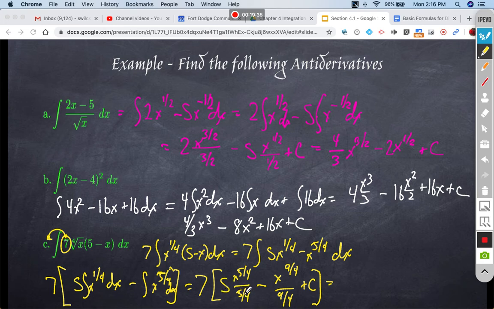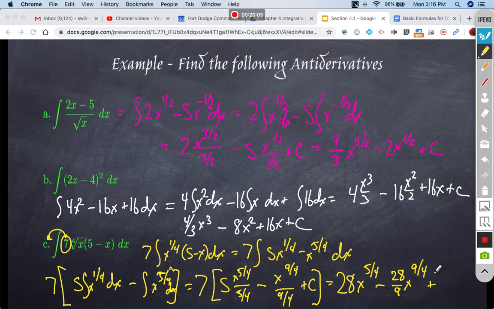So 5 times, or divided by 5/4 is just 4. But then we have a times 7, so I'm going to get 28 x to the 5/4. I'm going to take this 4/9 times x to the 9/4 times 7 is going to be 28/9 x to the 9/4.